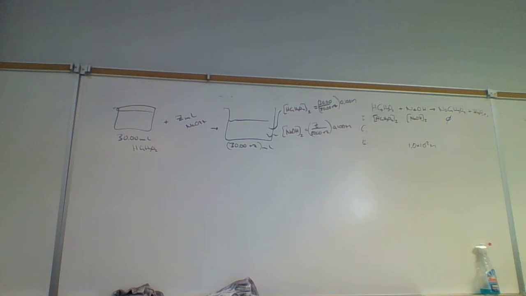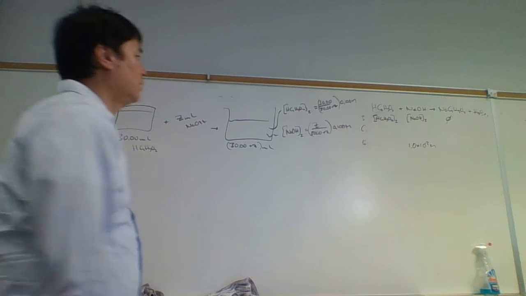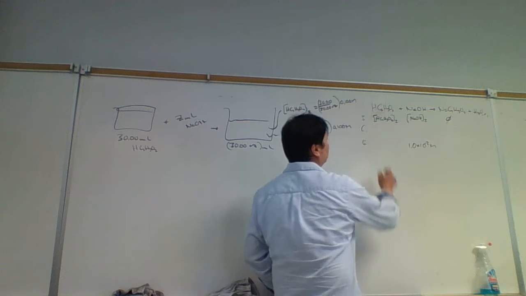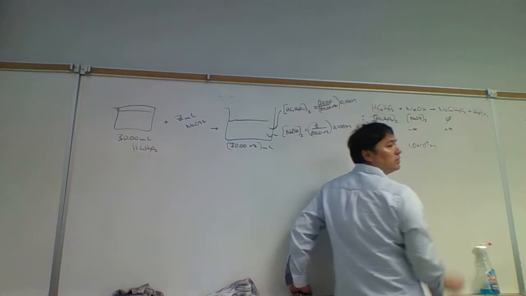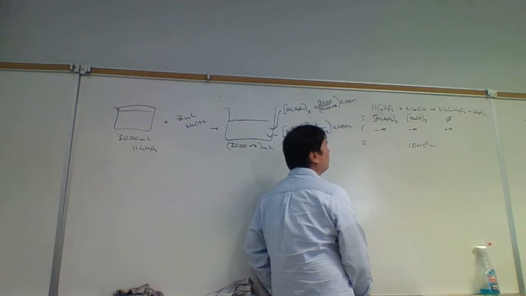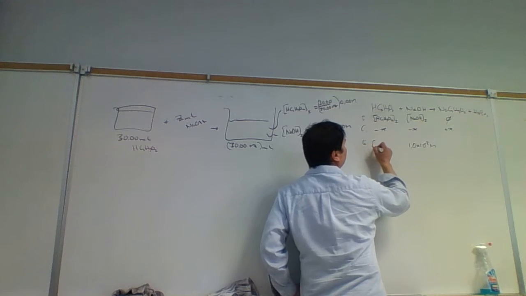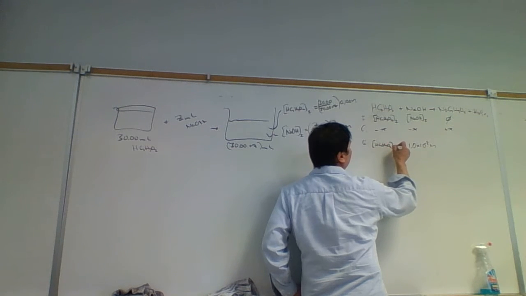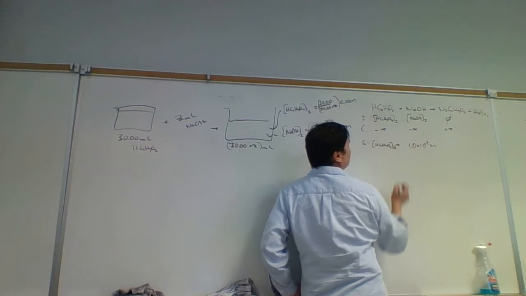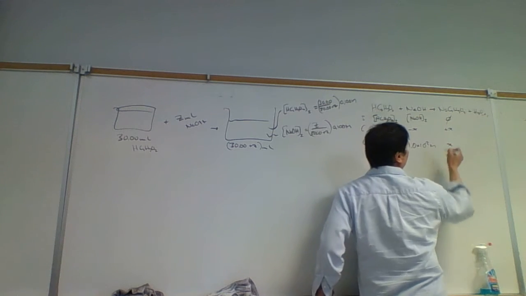Okay, next what? Well, next I'd have to do this. This is going to just be minus X, right? Minus X plus X, correct? And so over here I just get the initial minus X, and over here it'd just be X, right?